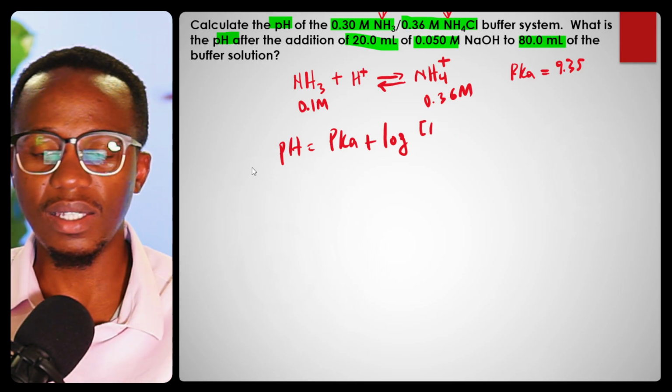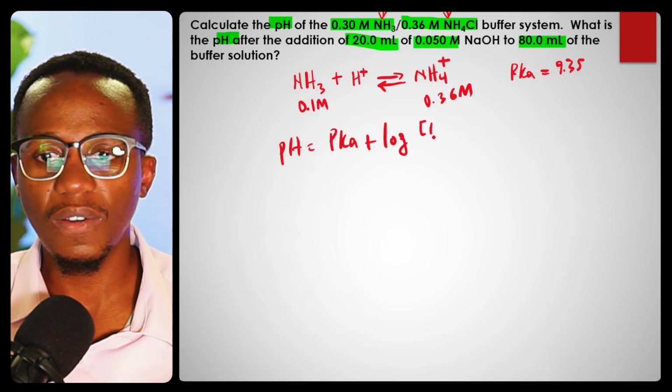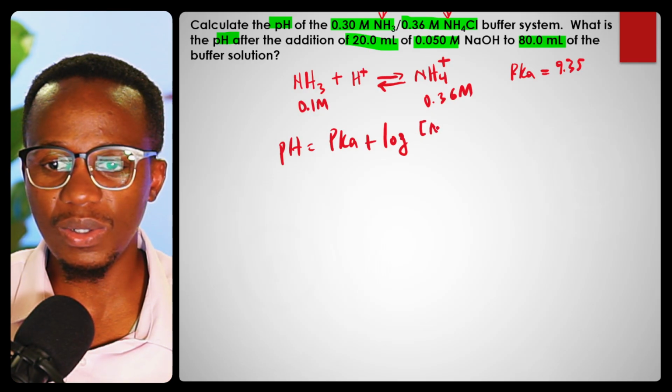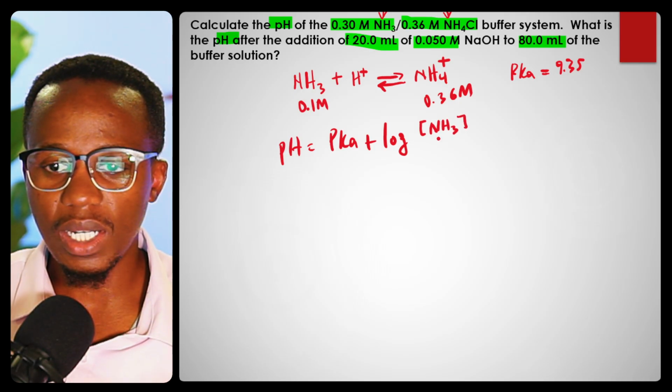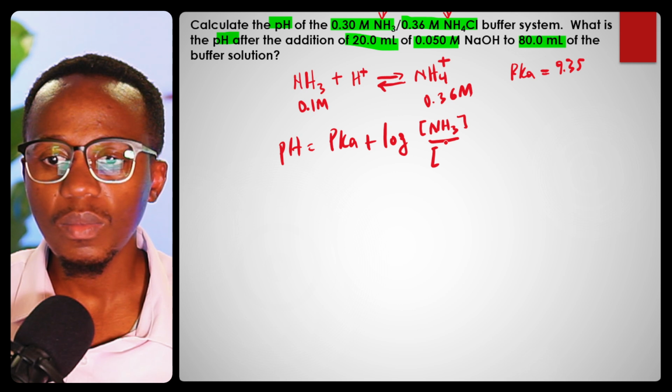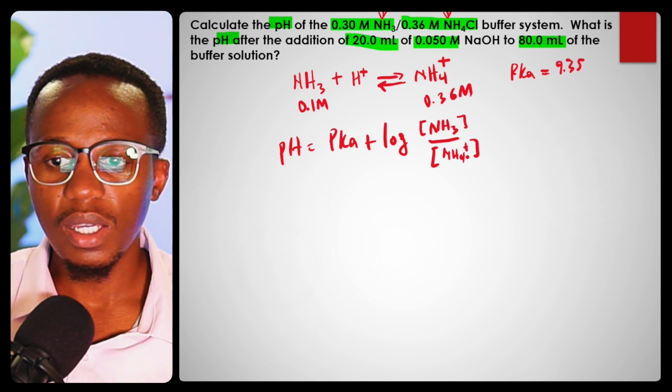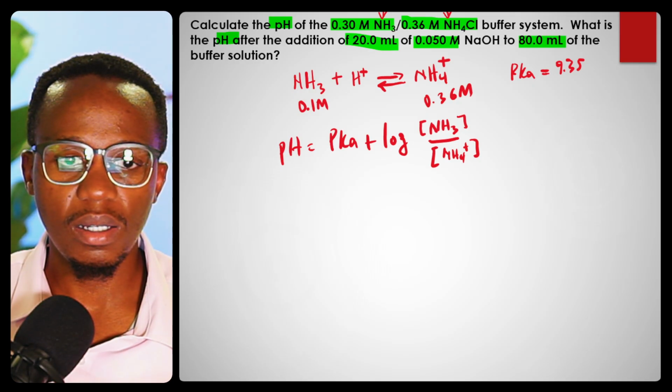Log of the acid. Not acid, the base. What am I doing? The log of the base over the acid, right? So kind of like here, NH4 plus, right? Here we had, what did I do?